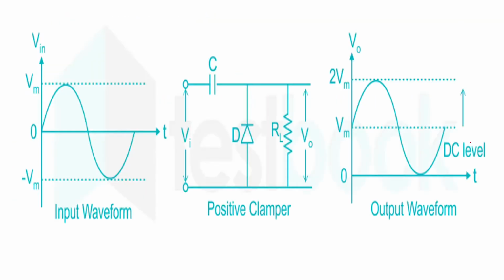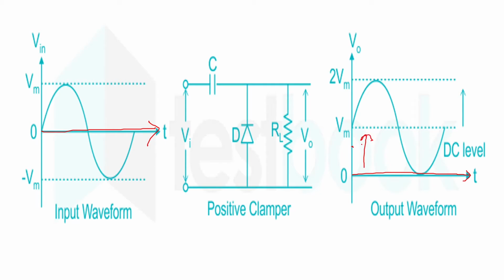So here you can see the options as we have told. Now in this circuit, we have shown a positive clamper. A positive clamper means you are going to increase the DC offset. So here you can see this is the zero line, and here you have got the zero line. So you have gone on top.